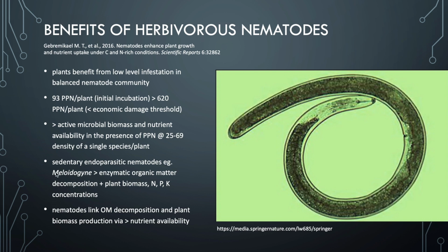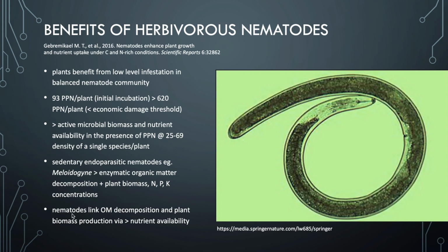For example, a sedentary endoparasitic nematode such as Meloidogyne increases enzymatic organic matter decomposition by using the enzymes that it has in order to disintegrate plant tissue, and it increases plant biomass as a result, as well as nutrients such as nitrogen, phosphorus, and potassium concentrations.